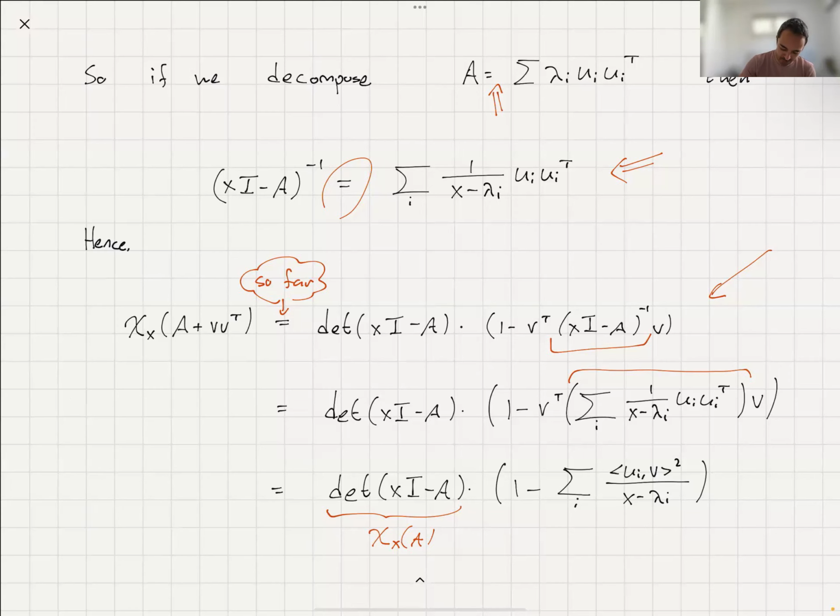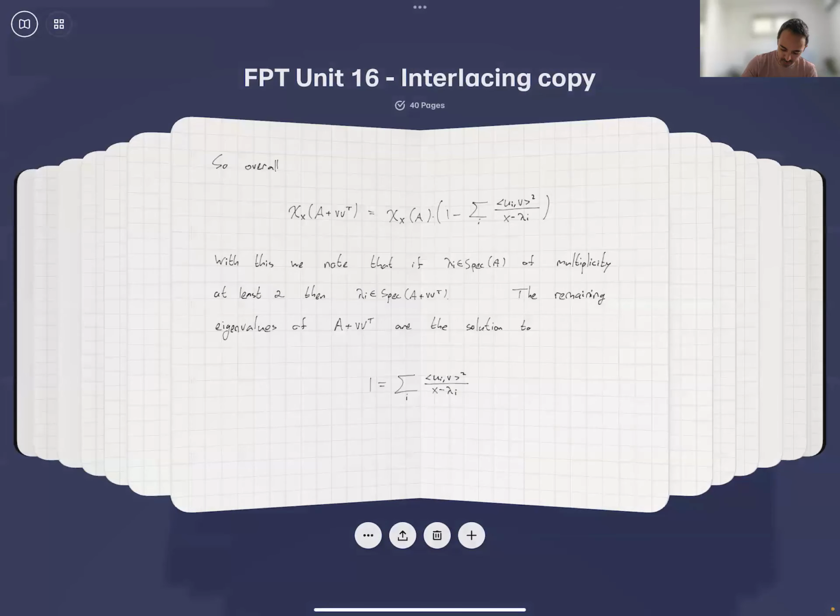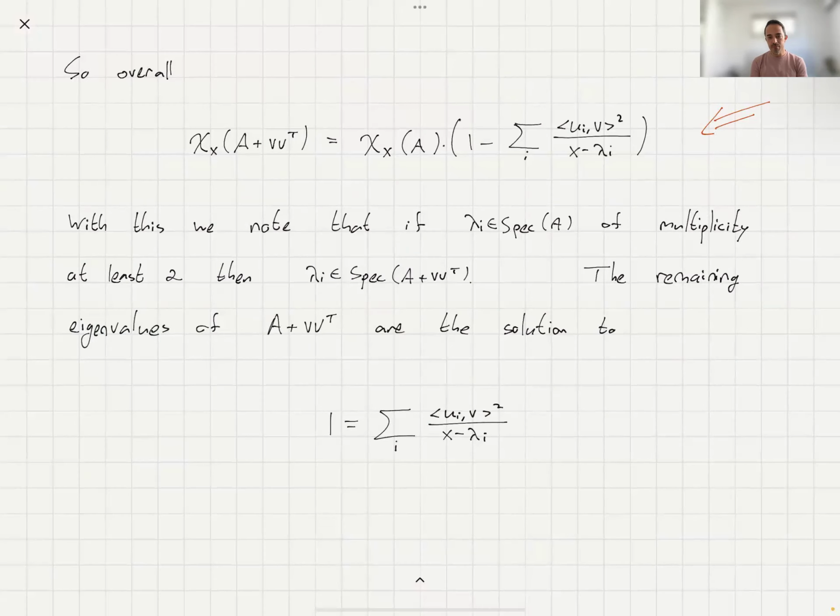Good. So overall, what we got is this thing. The expected characteristic polynomial of A plus VV transpose is related to the expected characteristic polynomial of A in that it's that thing times this expression, 1 minus that function that we're going to understand in a second.